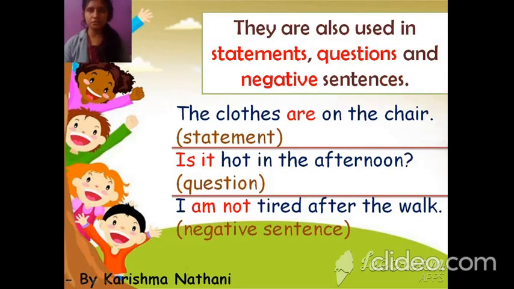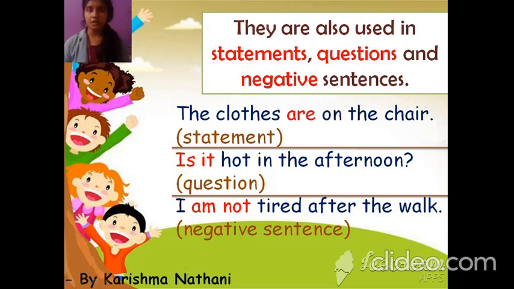Am, is and are are also used in statements, questions and negative sentences. For example, the clothes are on the chair. This sentence is a statement that tells us the clothes are on the chair. Second one is, is it hot in the afternoon?